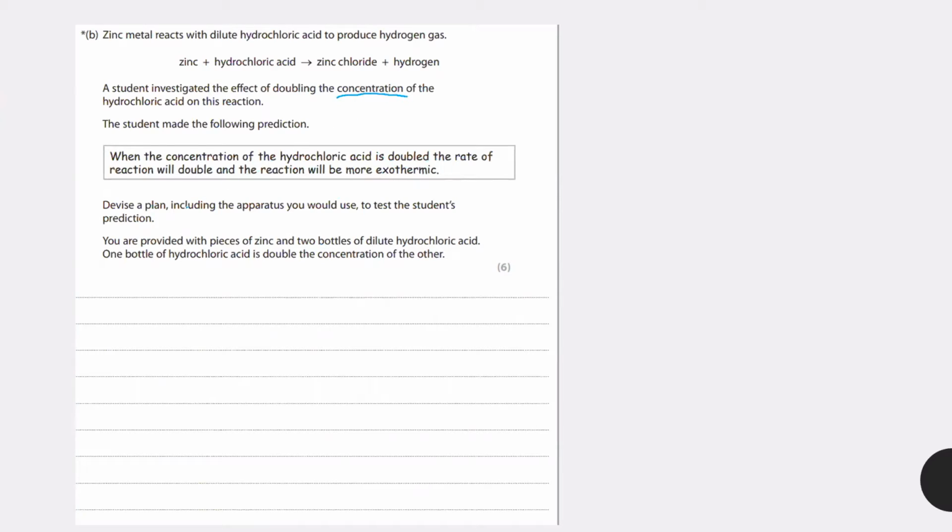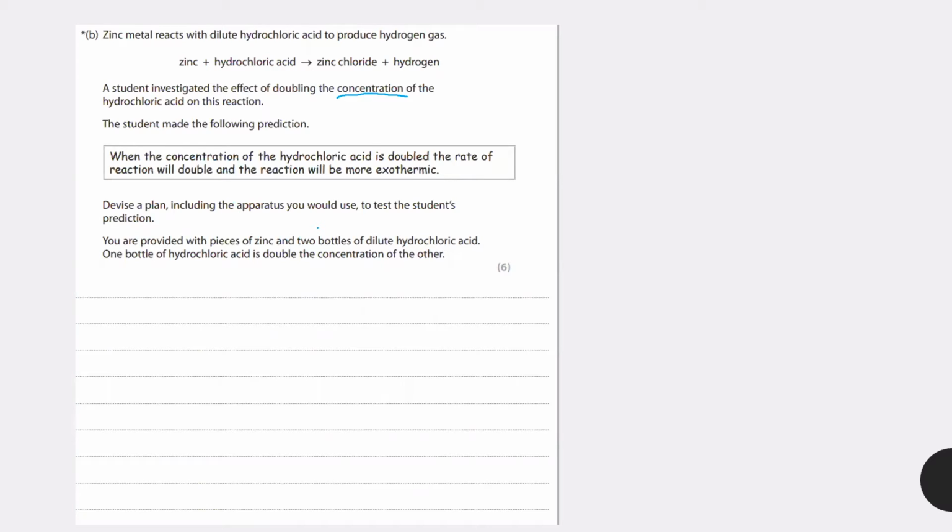The student predicted that when the concentration is doubled, the rate of reaction will double and the reaction will be more exothermic. Devise a plan, including apparatus, to test the prediction. You're provided a piece of zinc and 2 bottles of dilute hydrochloric acid, one double the concentration of the other.